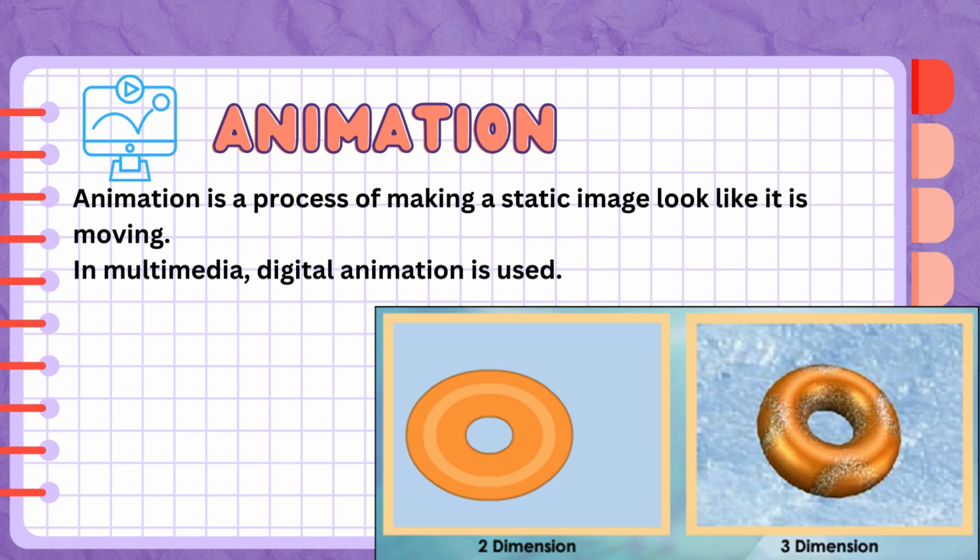Animation refers to the technique involving the rapid display of a sequence of progressive static images, usually at 24 frames per second, to produce the illusion of motion. In the context of multimedia, it refers to the technique, skills, and equipment used to bring an idea, story, or image to life.